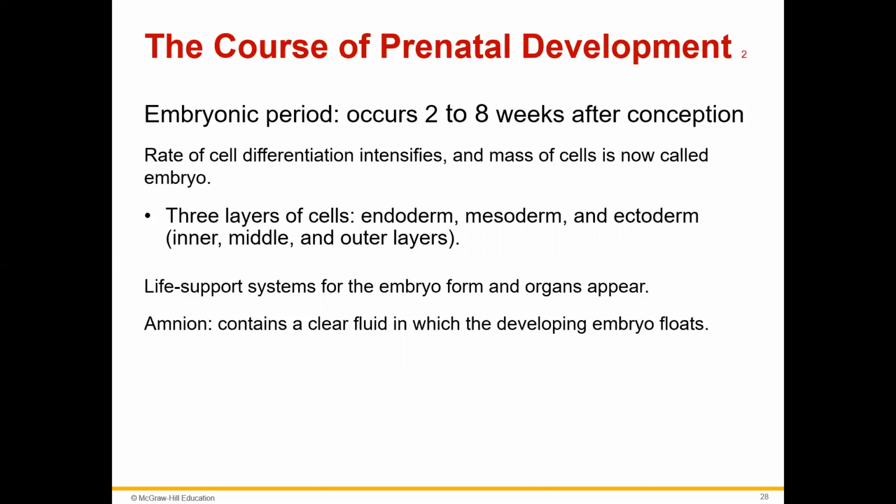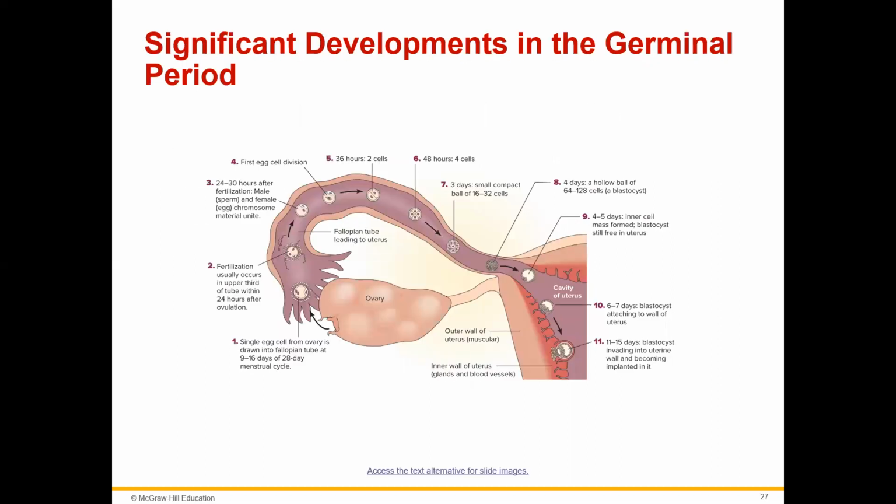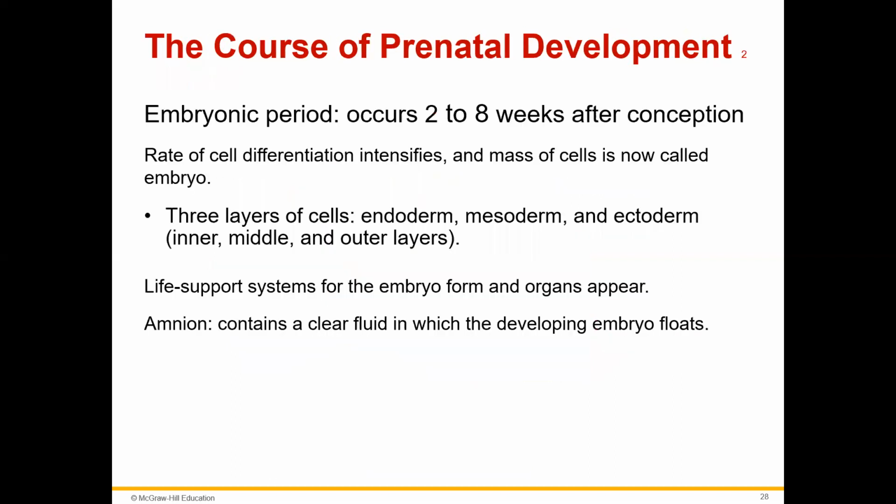Originally, during all these initial cell splits, the cells were all identical to one another. They didn't have separate purposes. Once the blastocyst formed, there was a little bit of differentiation: an outer wall plus an inner cell mass. Now we get a number of different types of cells forming as differentiation intensifies.